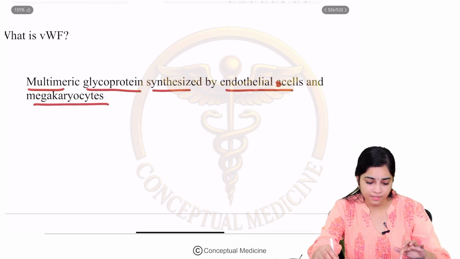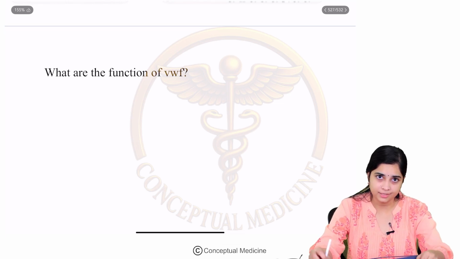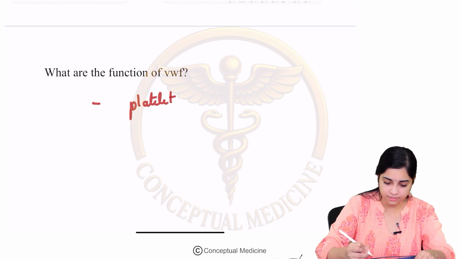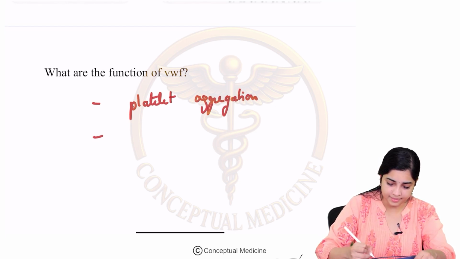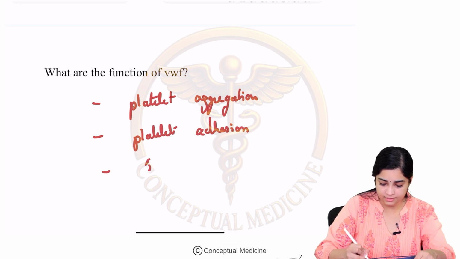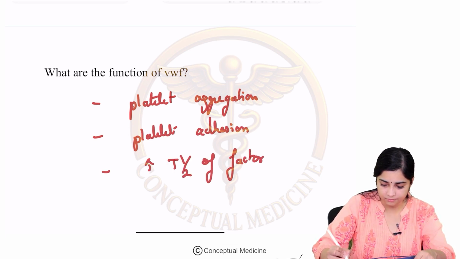Okay, so what is the function of this von Willebrand factor? It is basically a glycoprotein that helps in platelet aggregation, and it helps in platelet adhesion, and it increases the half-life of factor VIII.